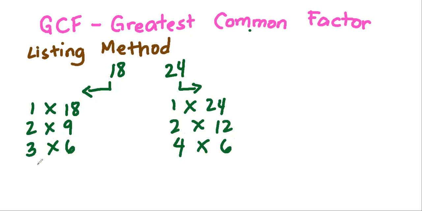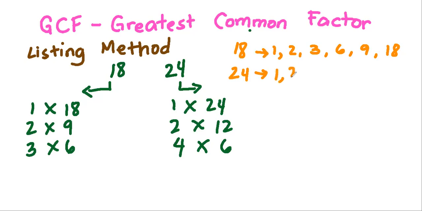For 18, we have 1, 2, 3, 6, 9, and 18. While on 24, we have 1, 2, 4, 6, 12, and 24.